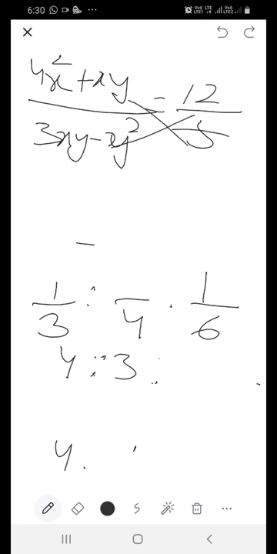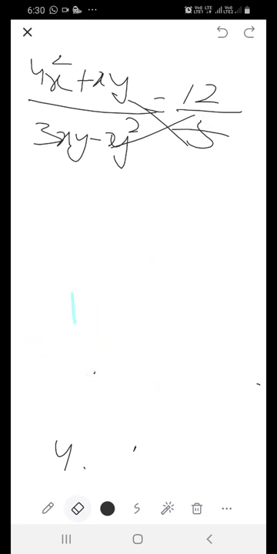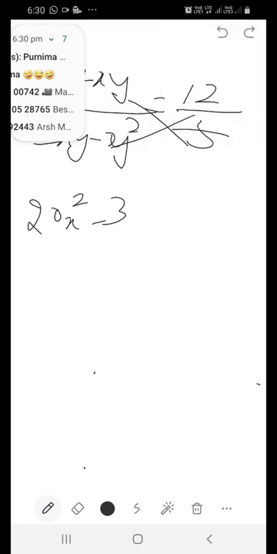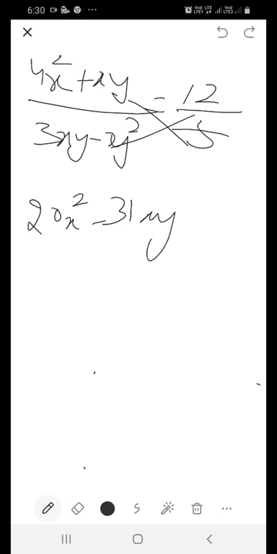You are going to cross multiply it, and when you cross multiply it, you are going to get the quadratic equation 20x square minus 31xy plus 12y square is equal to 0. You will get the equation like this when you cross multiply.